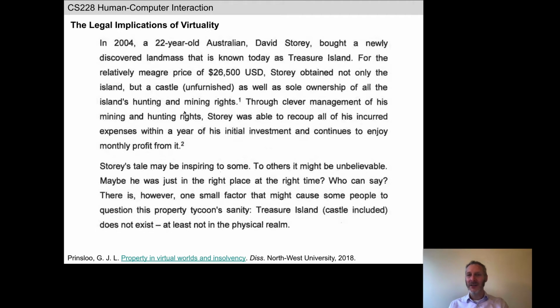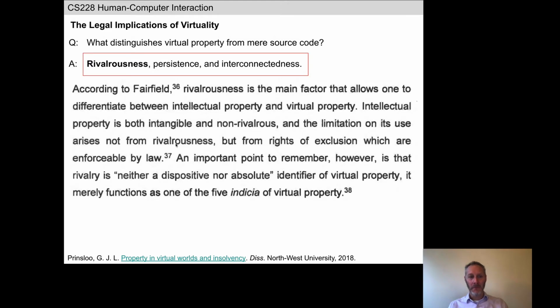How would you enforce hunting and mining rights in a virtual property? Kind of interesting. Story was able to recoup all of his incurred expenses within a year of his initial investment, continues to enjoy monthly profit from it. Sounds like a well-managed piece of property. And as was pointed out here, this is virtual property. So how do you define virtual property?